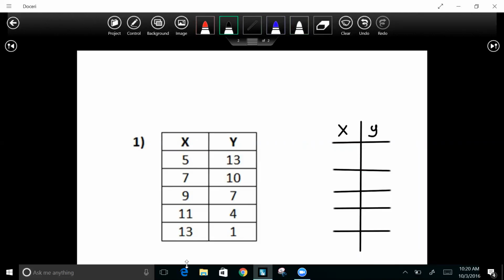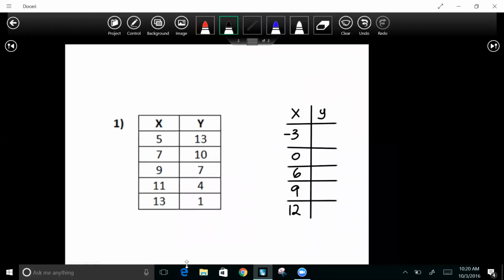We'll look at the first one and go down to 9, 11. There's numbers 9, 11.